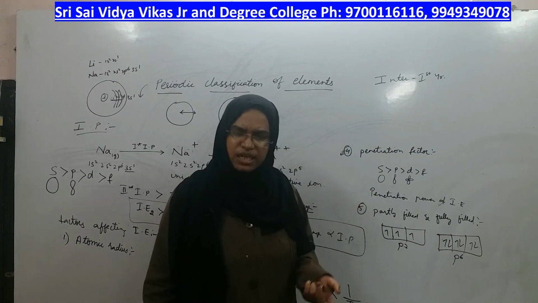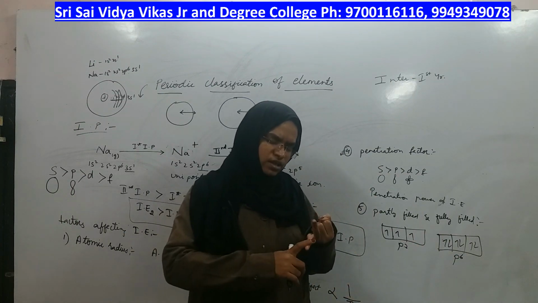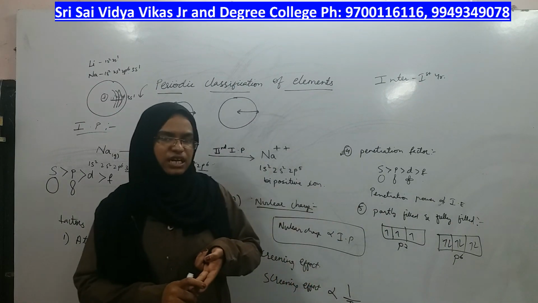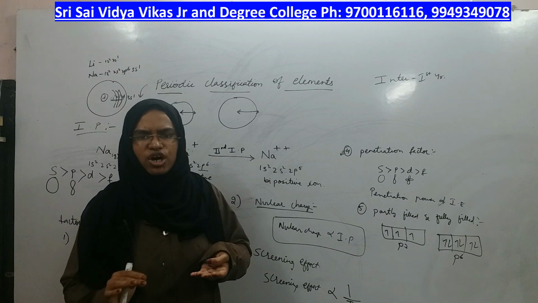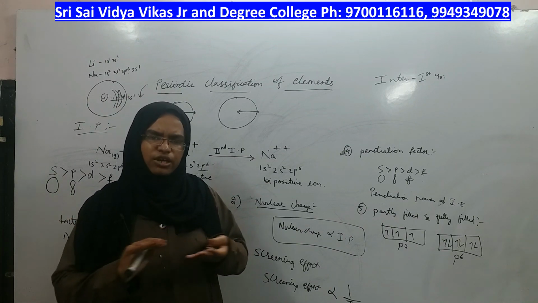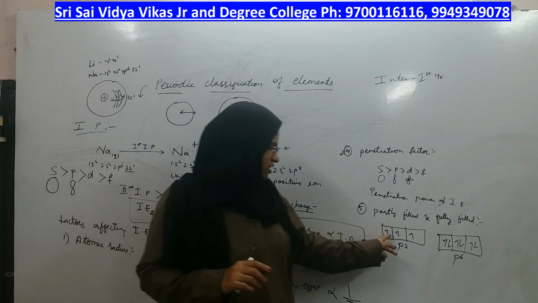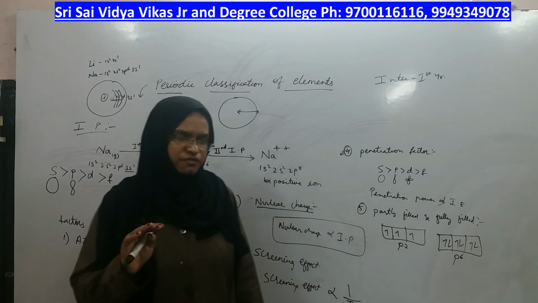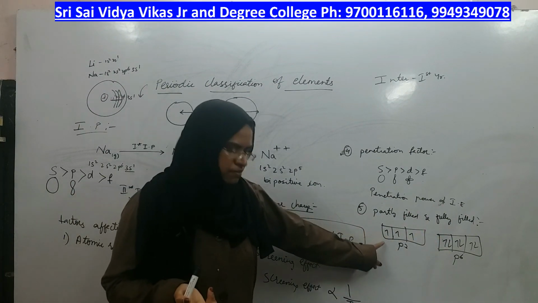You can easily remove the electron from p1, p2, p4 and p5 because they are neither partly filled nor completely filled. Any orbitals which are either partly filled or completely filled have more difficulty in removing electrons from them, right?